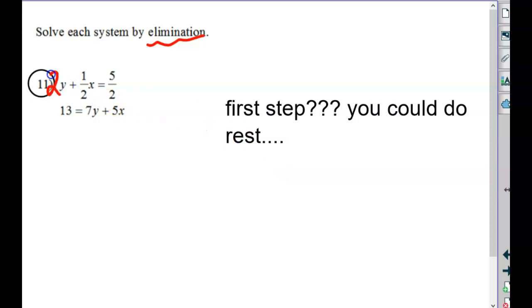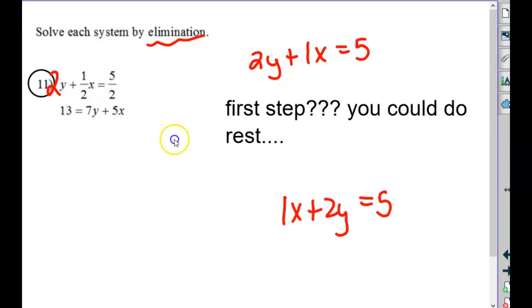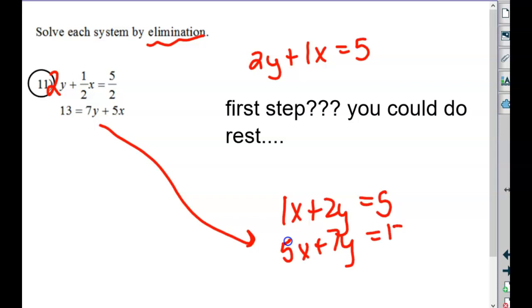If I multiplied this top one through by 2, so that I had 2y plus 1x equals 5, I could then rearrange it and say 1x plus 2y equals 5, and I could rearrange this one and write it underneath here, 5x plus 7y equals 13, and then maybe multiply the top one through by -5. So it just would take a little extra manipulation to get it to look a little nicer.